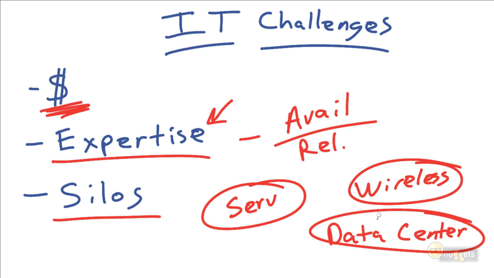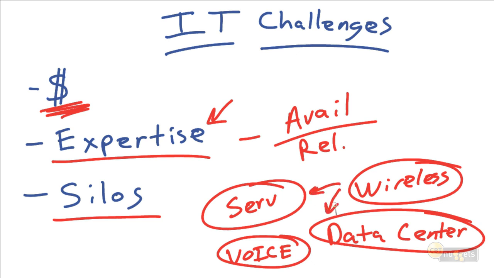And the people in the data center have no idea what's going on with the voice over IP people. So your information technology department can become really siloed. And what we want instead, of course, is we want all of these groups to be able to work together very well in order to accommodate the business needs of the organization.